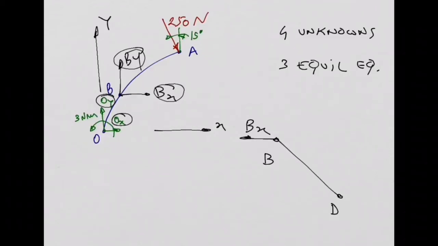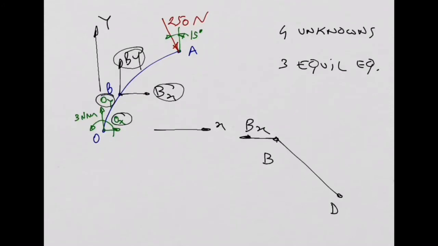Same thing for BY. If on the member OBA, BY is upwards, in the strut, the reaction should give you BY downwards. And this is critical. If you don't do this action-reaction, you are violating Newton's third law, and everything comes wrong at the end. Trust me. And now at point D, they also need to do this.